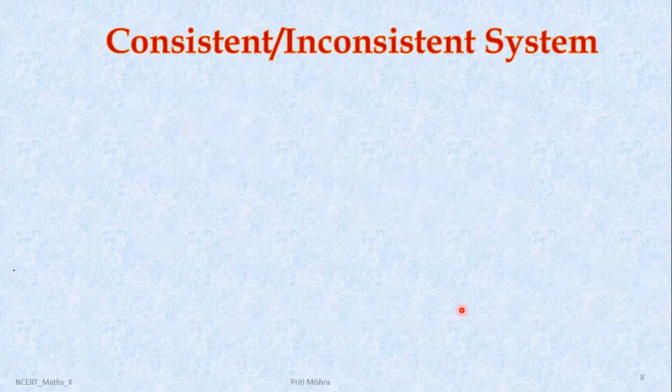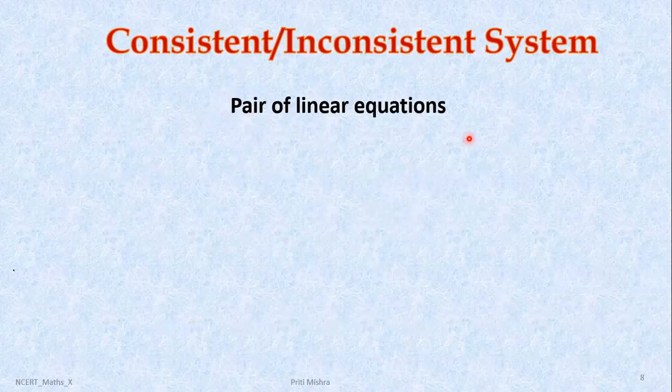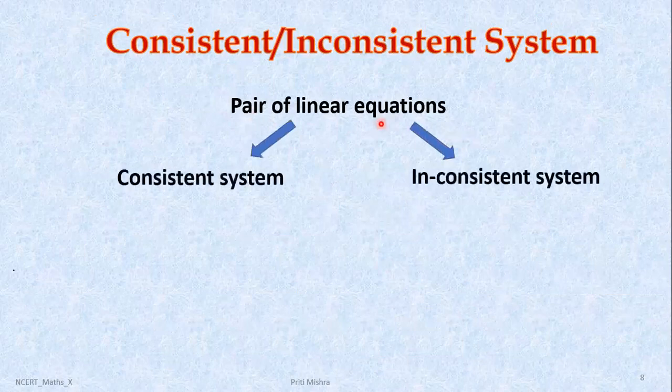Here we have systems based on these three results, and we call these systems a consistent system and an inconsistent system. So for any pair of linear equations, we can have two types of systems, known as consistent system and inconsistent system.